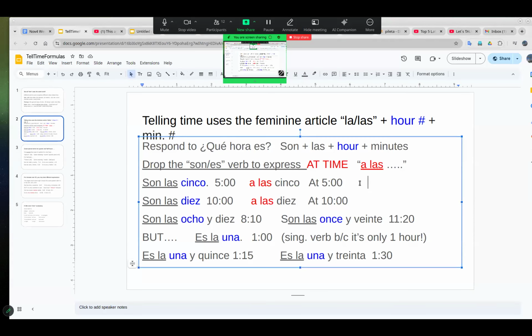But there's no a las, it's between las. Is that kind of the right format on this? Sí, sí, exacto. Muy bien. Y voy a escribir un ejemplo aquí, sí.